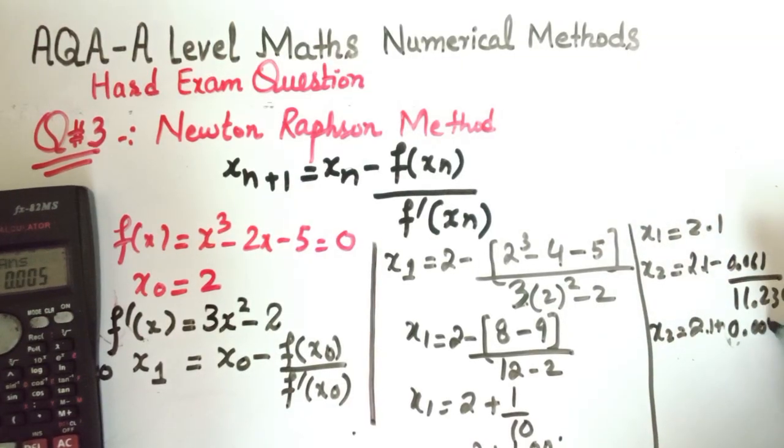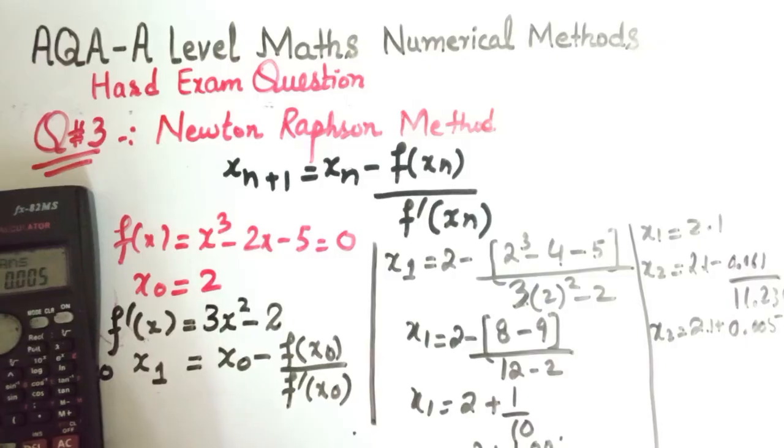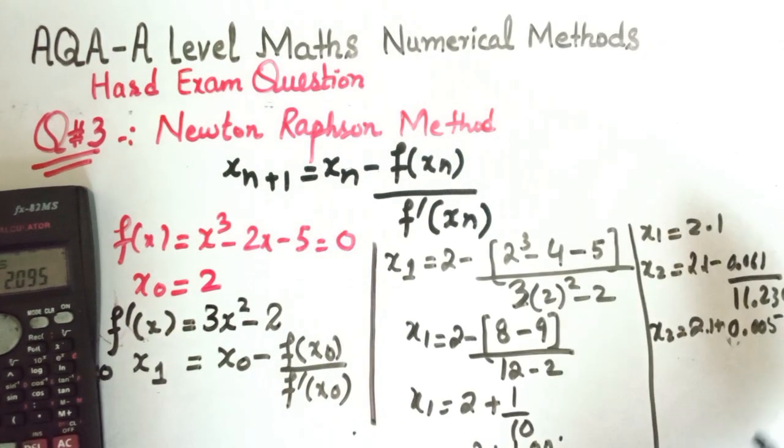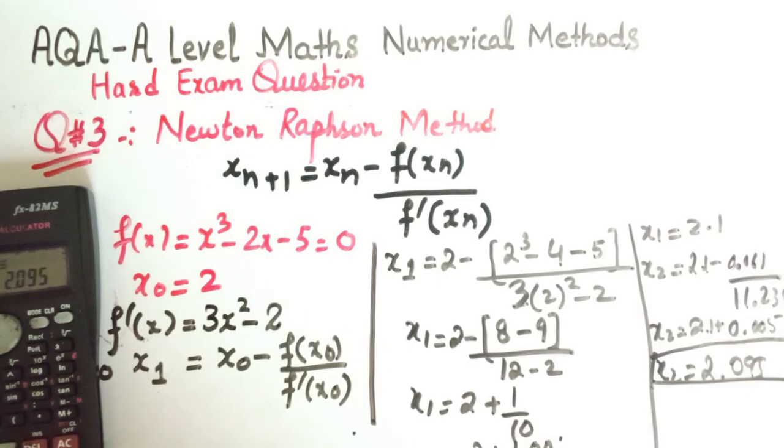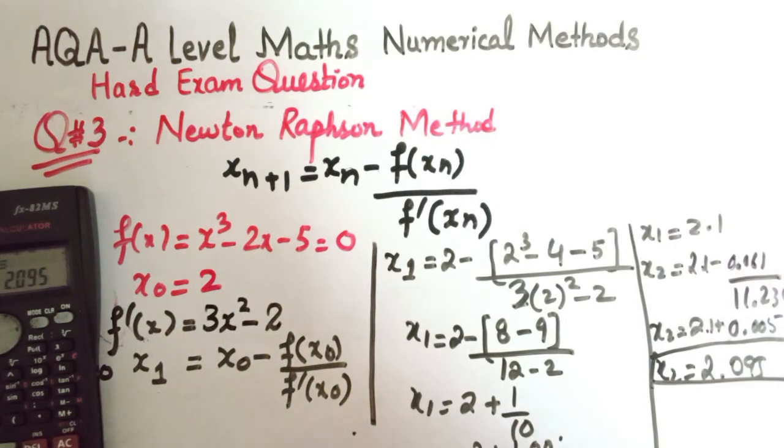So 2.1 minus the answer, we get 2.095. So this is the root up to 3 decimal places. We have applied here the Newton-Raphson method for finding the root.